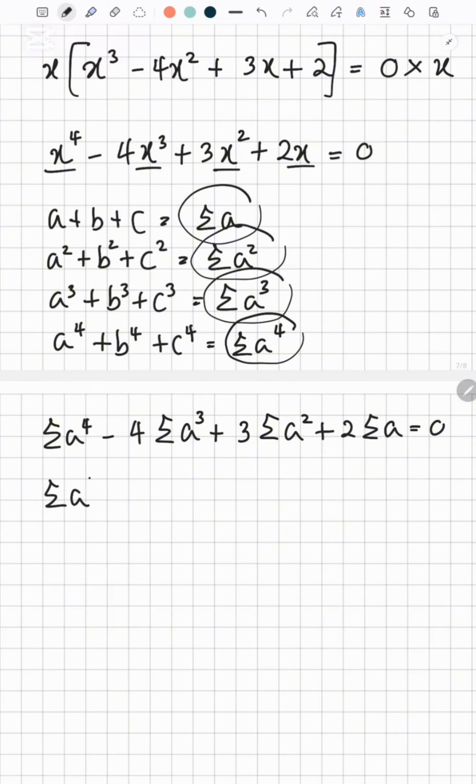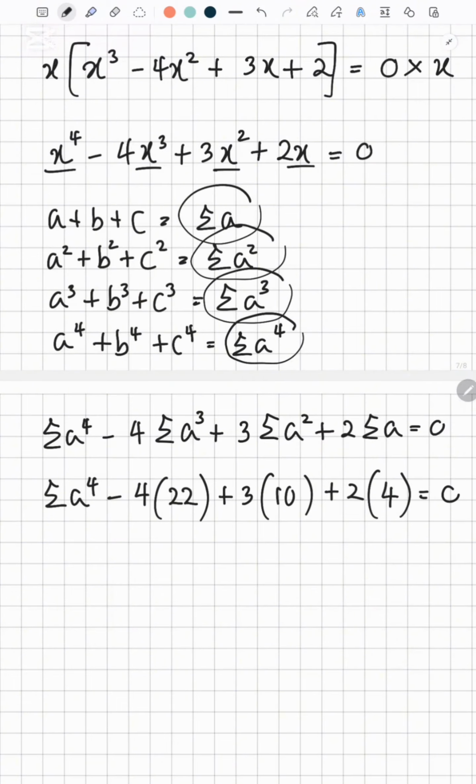So now, this is 4 into, we had 22 for that, right? It was 22 plus 3 into a squared plus b squared plus c squared was 10, I think, plus 2 into a plus b plus c was 4, right? Equals 0. So now you use your calculator. This gives you the sum of your quartic terms as 50, which means a to the power 4 plus b to the power 4 plus c to the power 4 equals 50.